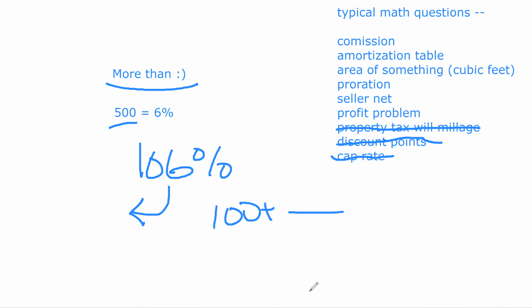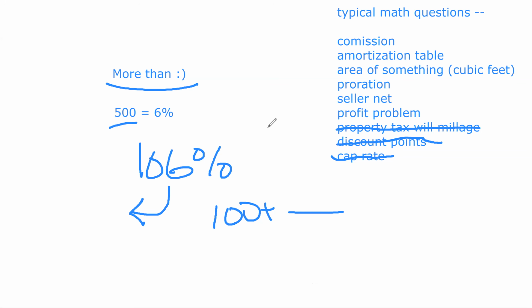So that number is representative of 106% of the original number. So we could multiply each of the numbers by 106% and see which one gives us 500, or we could do the opposite to the 500 and divide it by 106% and get our answer.